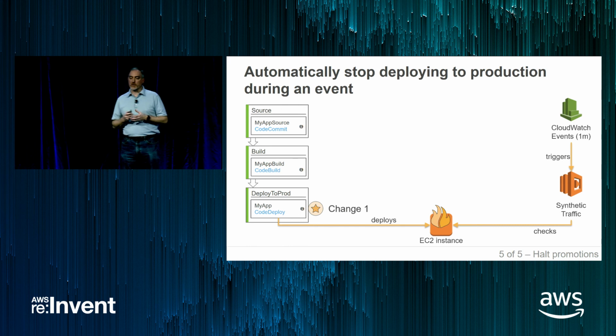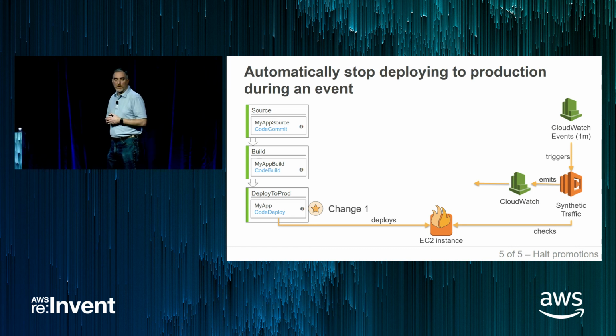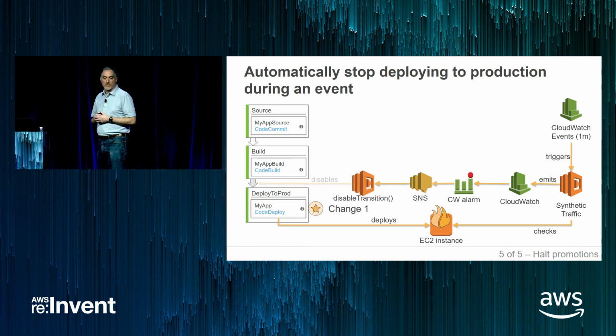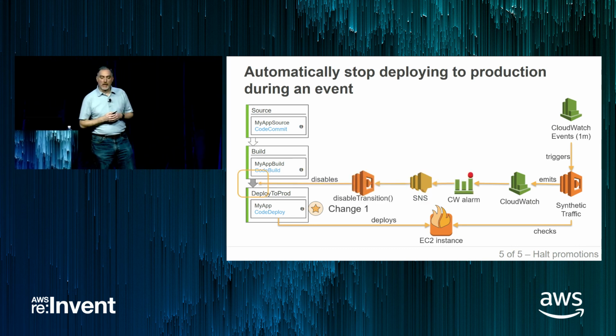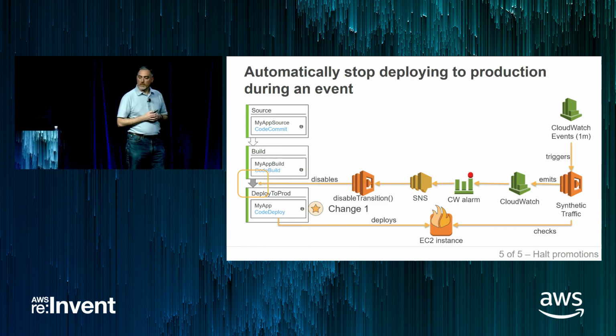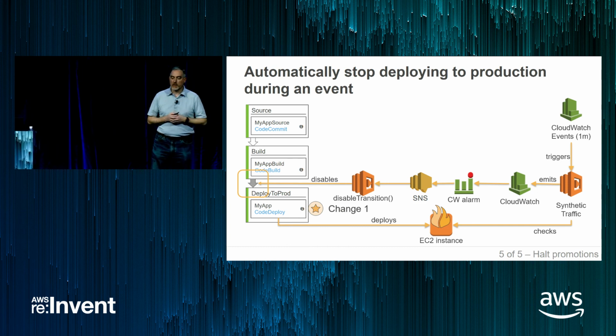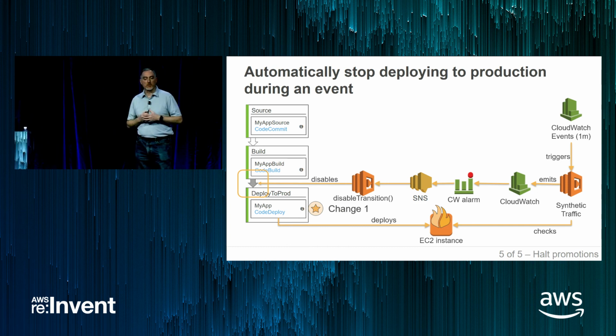So we've already built canaries that fire service level alarms when our service is in an unhealthy state. We can then wire that to a Lambda function and to a CloudWatch alarm via an SNS topic. In the Lambda function, we can then call back into our continuous delivery system and disable the transition into production.